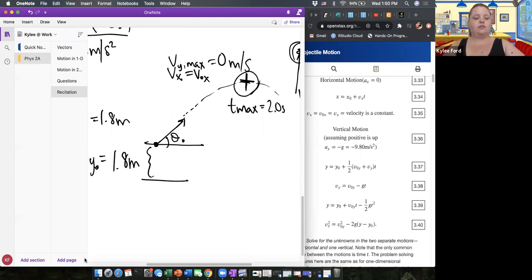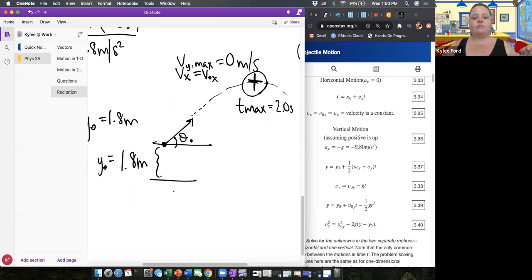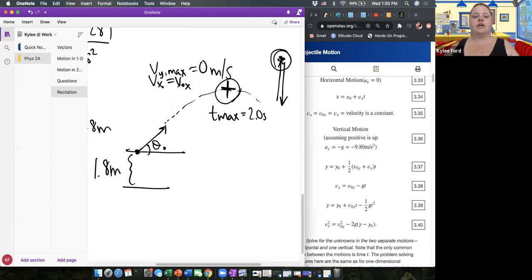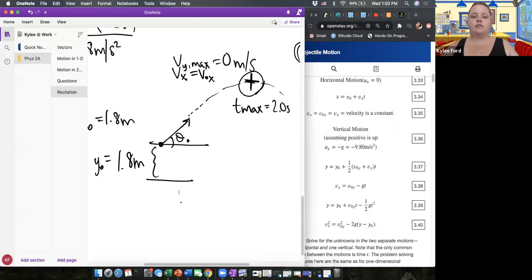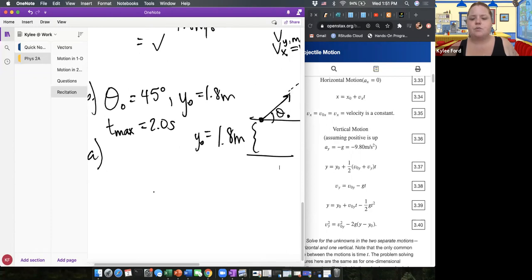So we have our V max, our V Y max. We have our Y naught. We don't have a Y. We have this guy. So that's what we will need to use, I believe.